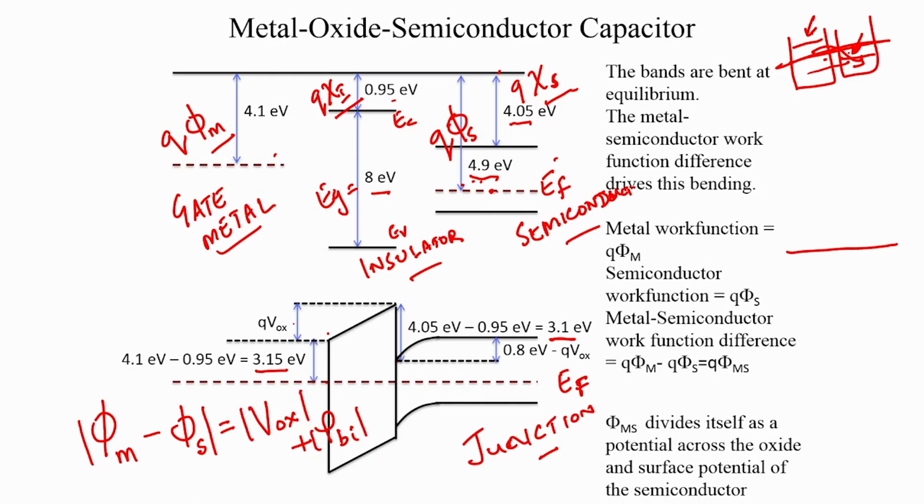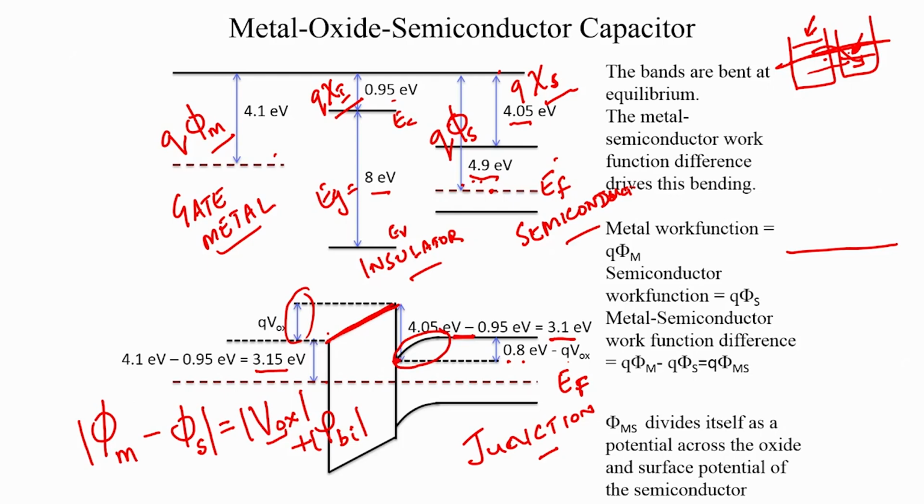This work function difference has led to a drop of Vox across the oxide. That is why you see that there is some electric field in the oxide. And the remaining, which is 0.8 electron volt minus Q Vox, is the energy difference between the bulk conduction band and the conduction band energy near the interface.